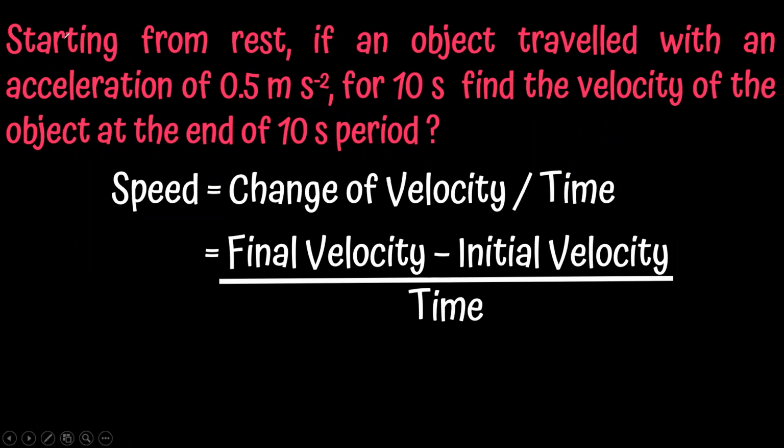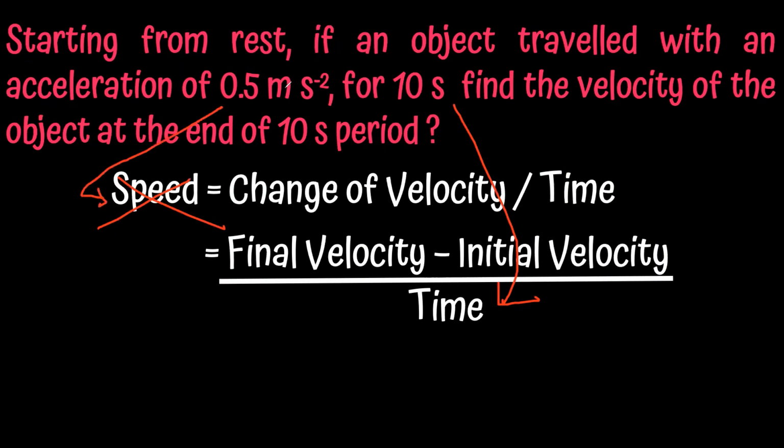Okay, starting from rest, if an object traveled with an acceleration of 0.5, so they are given acceleration as 0.5 ms minus squared, or meters per square second, for 10 seconds. So the time is 10 seconds and this is acceleration.